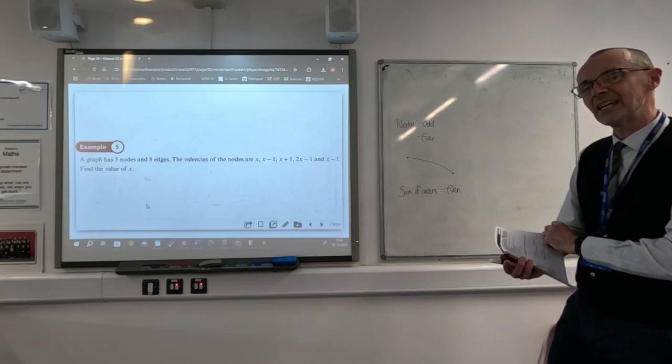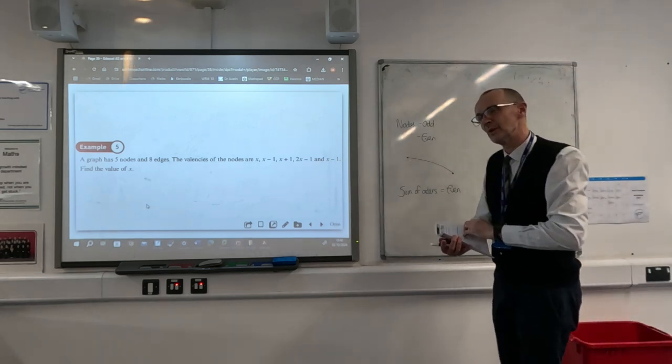So 8 edges, each edge gets counted twice in the sum of the orders.